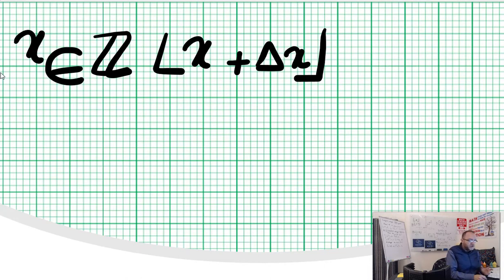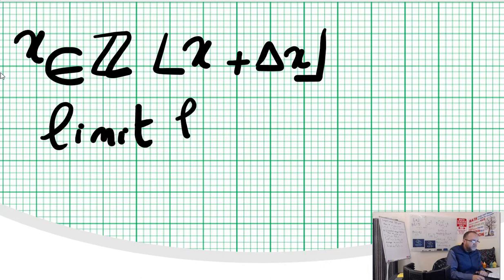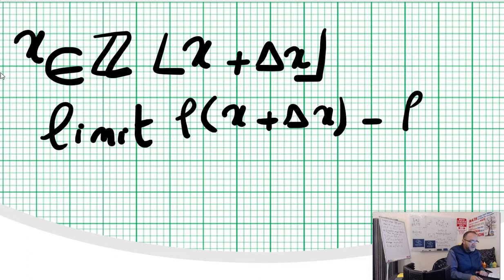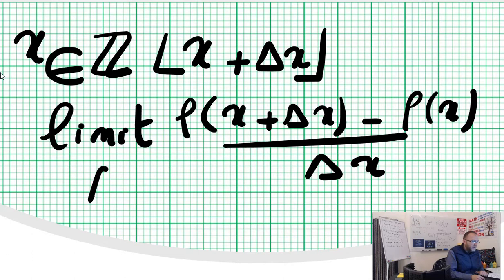And the differential definition that has to do with geometry is the limit of that secant, f of x plus the delta x that you added minus f of x, divided by delta x, as delta x approaches 0 from the right, has to equal the limit of f of x plus delta x minus f of x over delta x as delta x approaches 0 from the left.